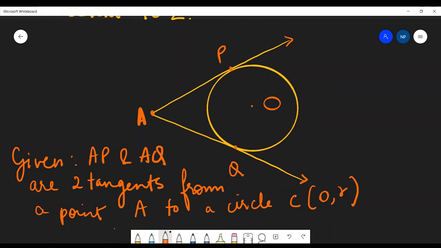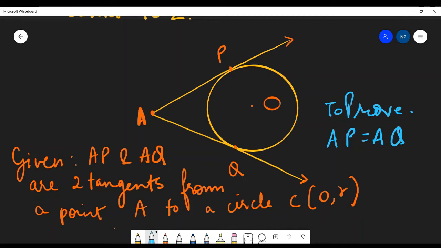We have to prove. So to prove, what do we have to prove? The lengths of the tangents are equal. So we have to prove that AP is equal to AQ. Sorry, this is going to be AQ. Please write down this much, children.